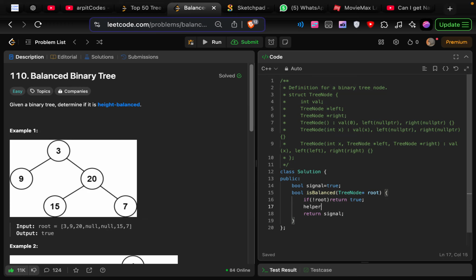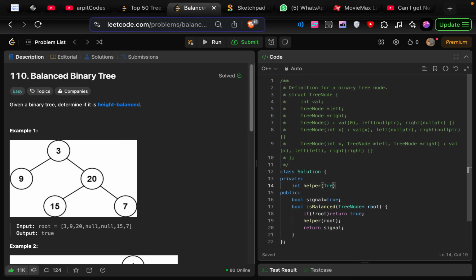What I have to do is call this helper, passing root. What I have to do here is calculate the height of each node, but in the process keep track of every node, such that you know if there is any node where the difference is more than one.